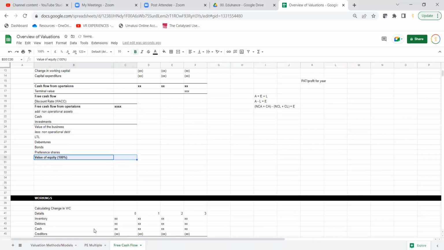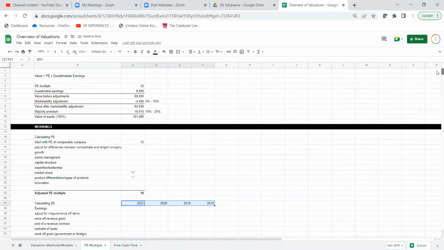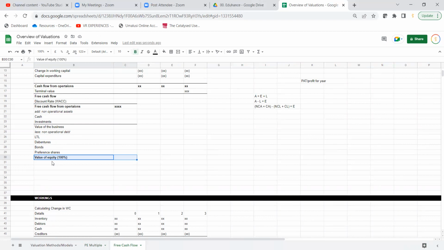Okay, we will have the same adjustments as we have over here. We won't have a marketability adjustment because we're not valuing a private company, but we will have that over there. Because we're acquiring a majority interest, we will have that.